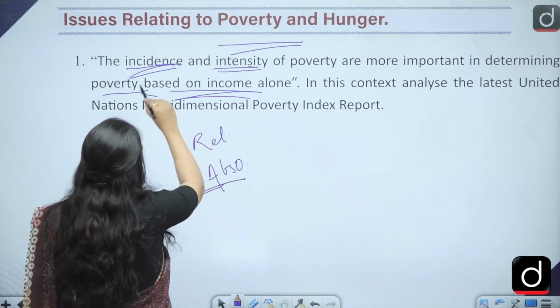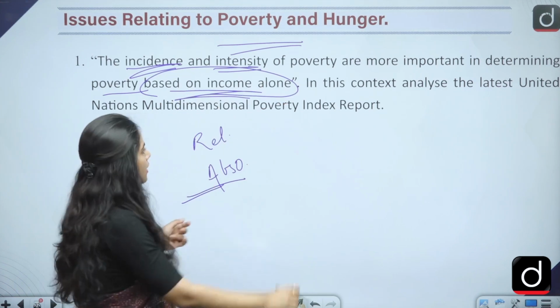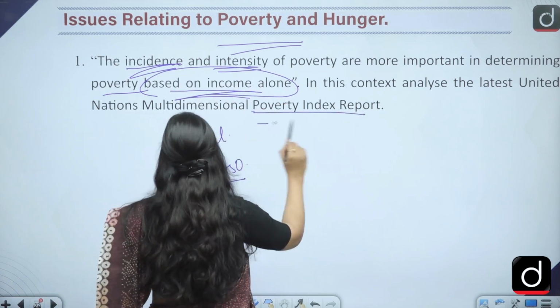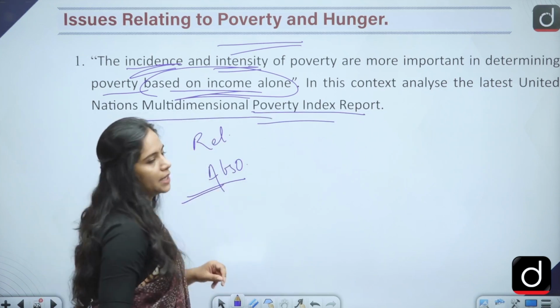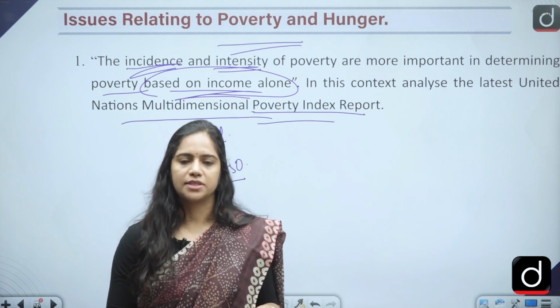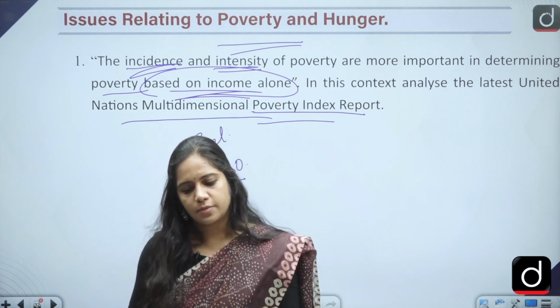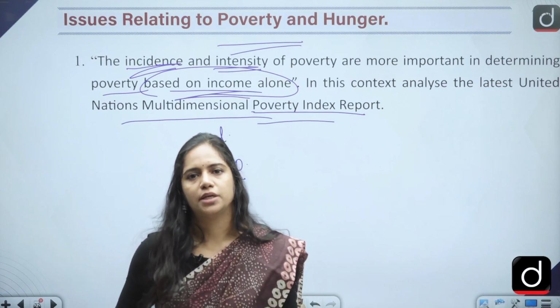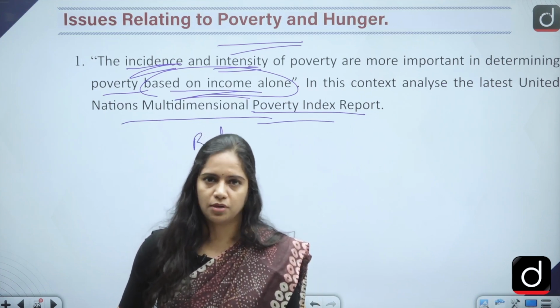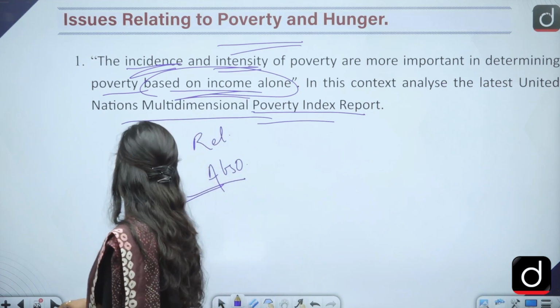And it is asking you that it is not based on income alone. So you have to bring in that, and you have to talk about the multidimensional poverty index report, NMPIR. If you have read this report in your current affairs, and you know this report is brought out by the government, and hence this aspect of poverty is actually tackling your GS paper 2 syllabus. So you will answer it accordingly.